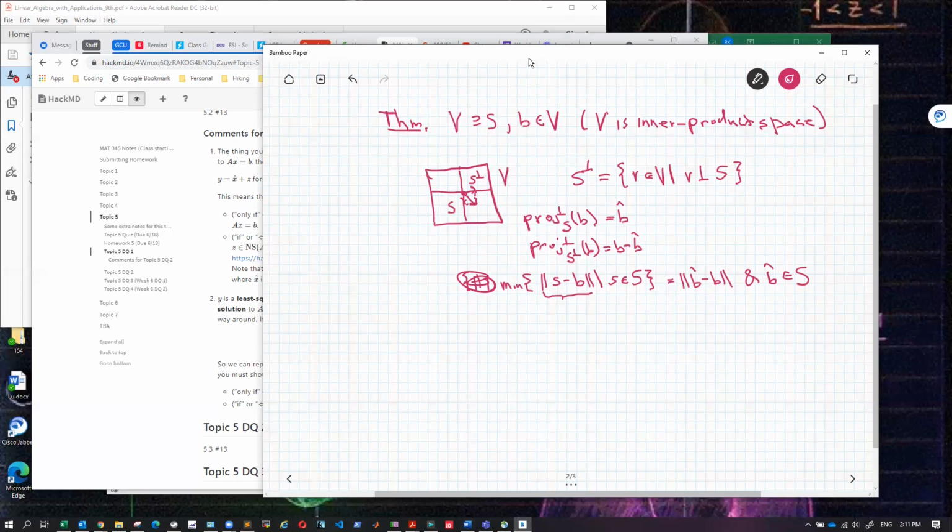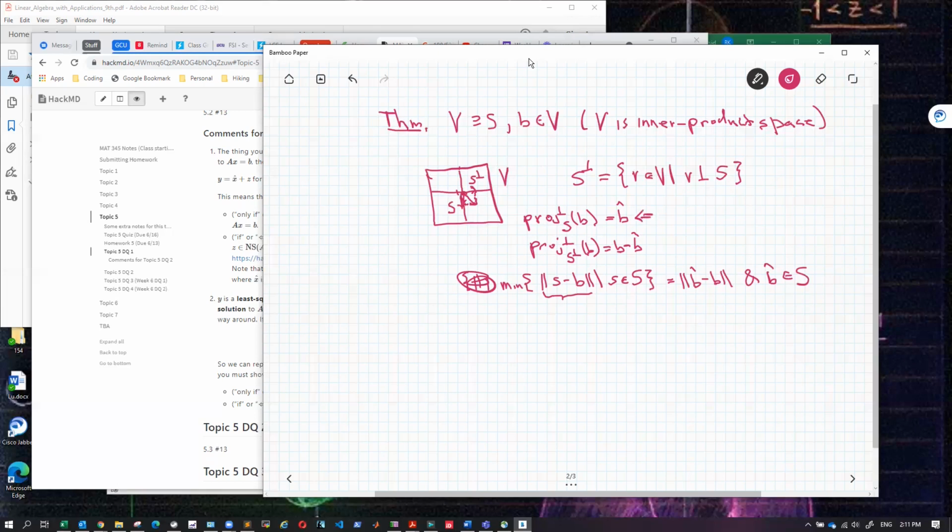So that is the abstract theorem that's underlying least squares, okay? Basically, if I give you a subspace, and I give you something that's not in the subspace, there is a unique projection of this thing out here onto that subspace, that B hat. So in other words, this function right here is well defined, and it's actually linear.